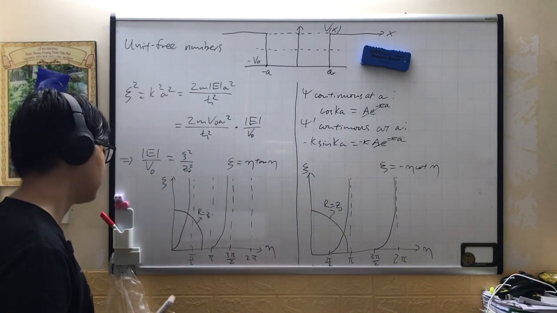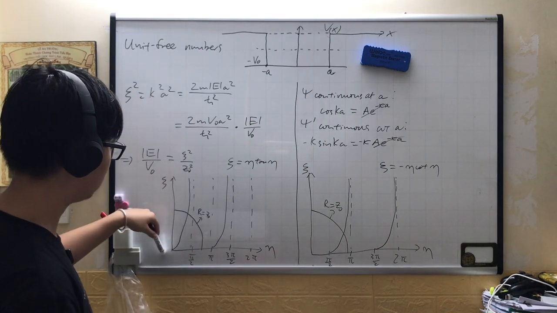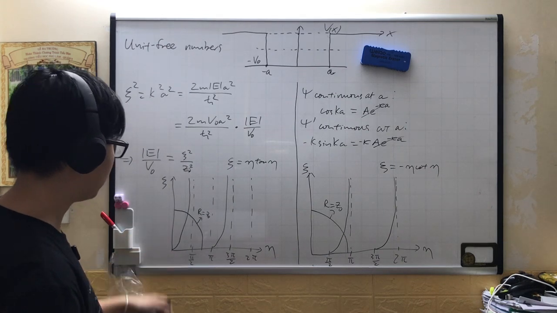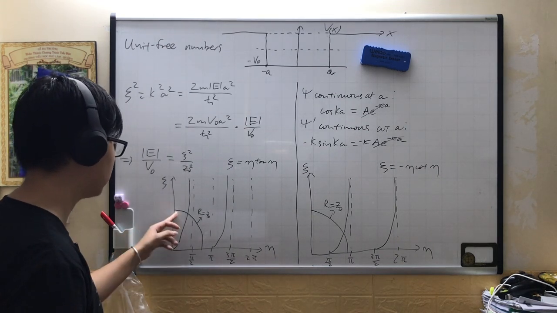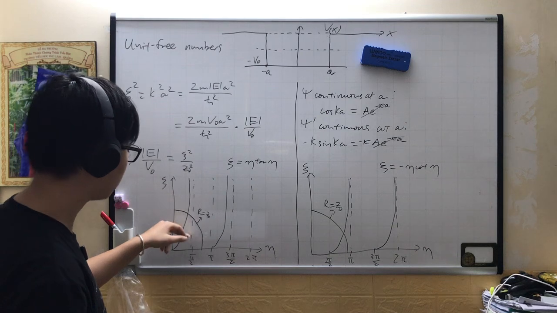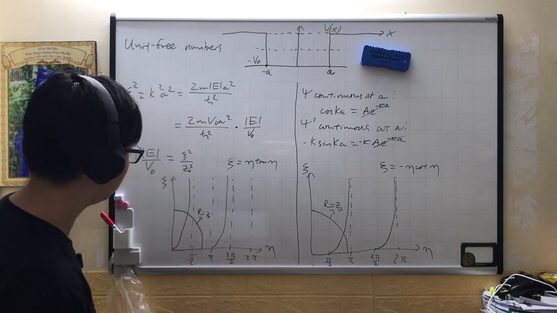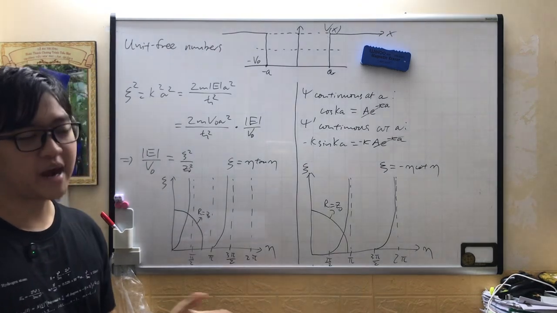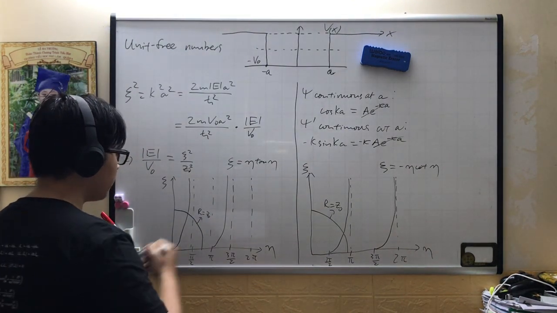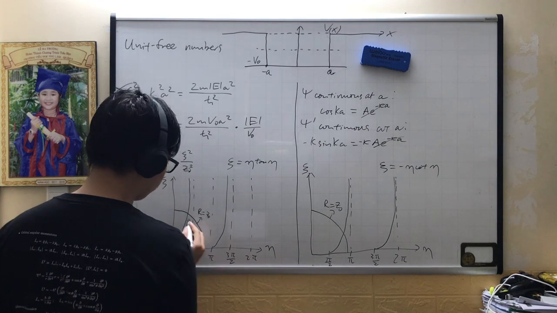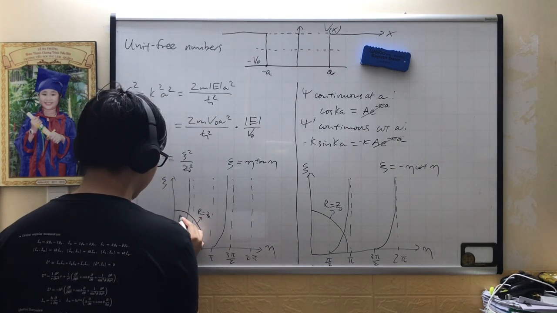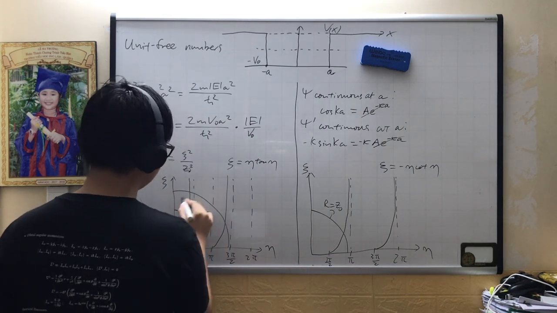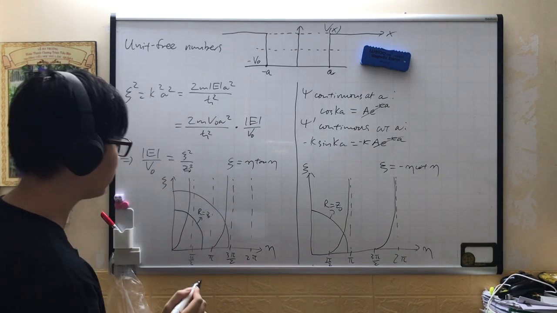And you can see here, as this line started from the origin, it would guarantee that this circle would cross one of the lines, right? And every time it crosses, that means that there is a bound state there. If you have a circle like this, that would mean the system has one bound state. If you have a circle like that, that means the system has two bound states.